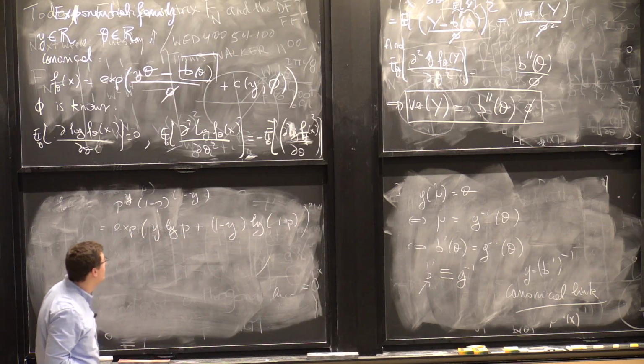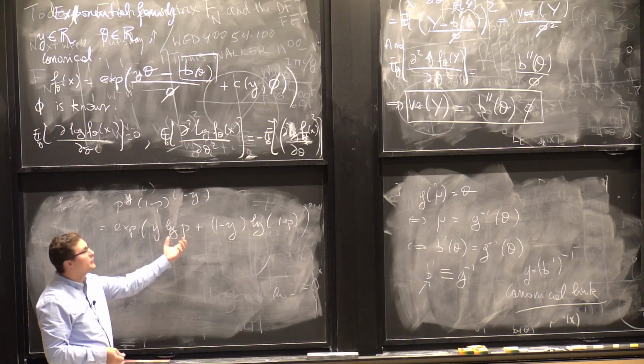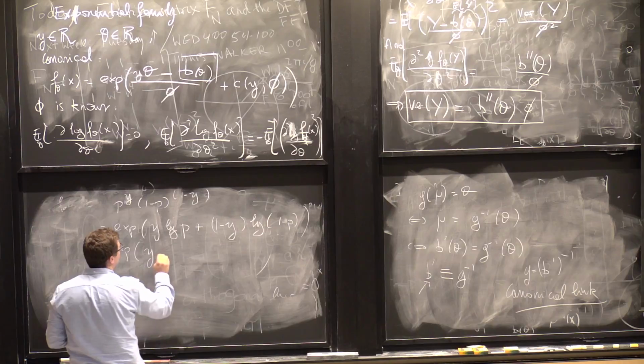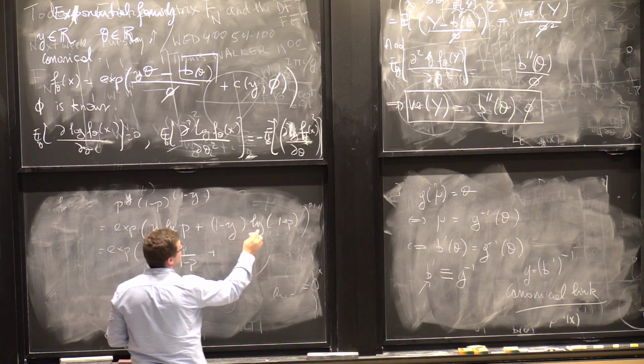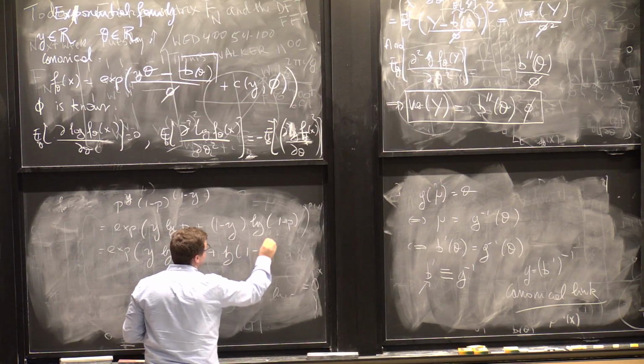So we've done that last time. Now I'm going to group my terms in y to see how y interacts with this parameter p. And what I'm getting is y times log p divided by 1 minus p. And then the only term that remains is log 1 minus p.